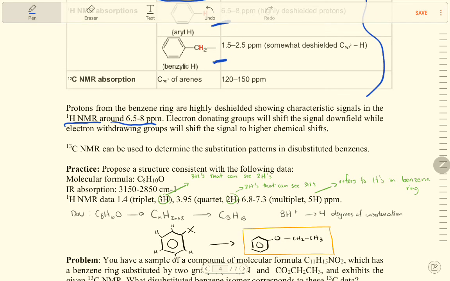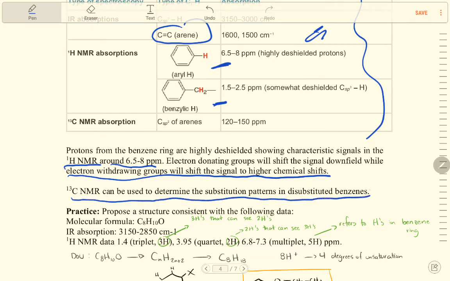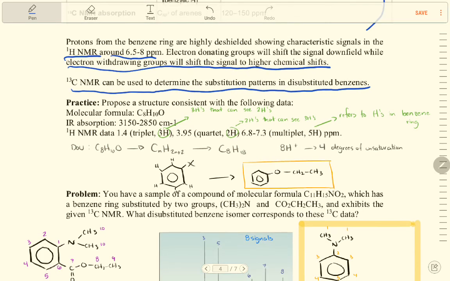Electron withdrawing groups will shift the signal downfield, while electron donating groups will shift the signal to a higher chemical field. So that's why 13C NMR can be used to determine the substitution pattern in di-substituted benzene.